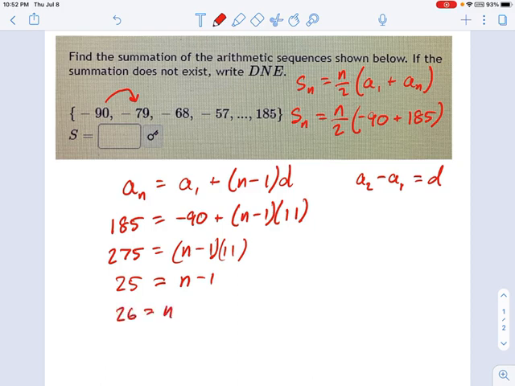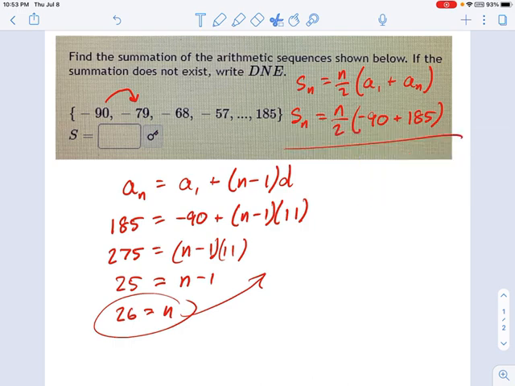Now, if 26 equals n, we take this answer and we plug it back into this formula right here. So we're going to say S of 26 terms equals 26 over 2 times, what was that before? Negative 90 plus, dyslexia, 185.